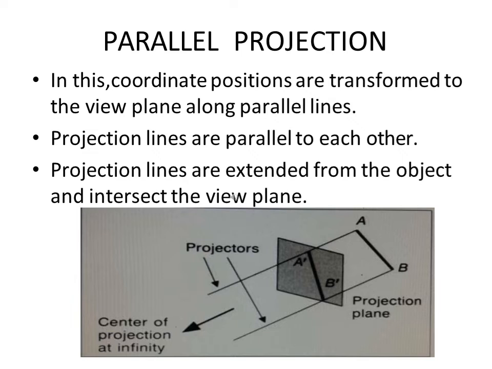The parallel projection eliminates the z coordinate, and the parallel lines from each vertex in the object are extended until the lines intersect the view plane. The coordinate positions are transformed to the view plane along parallel lines.